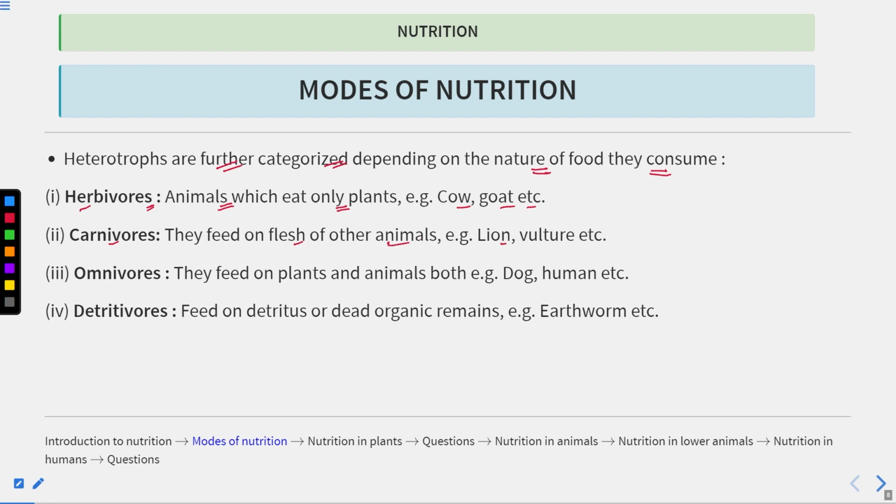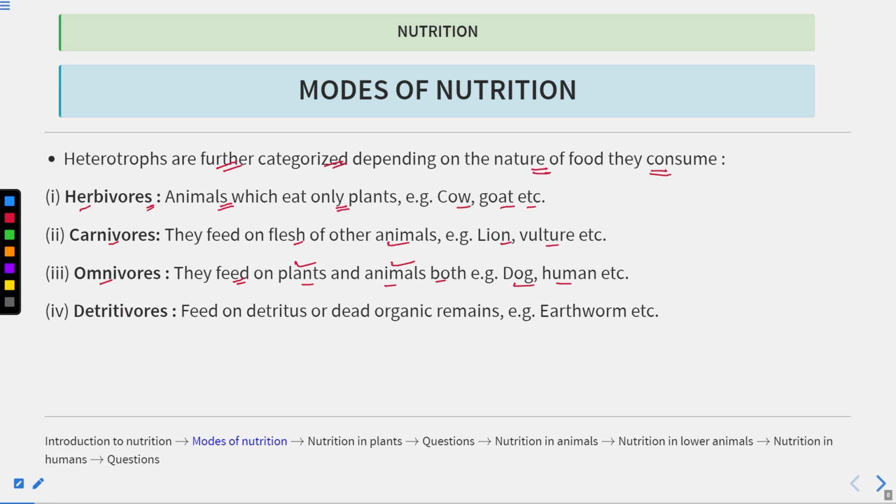Example can be lion and vulture. Then let's talk about omnivores. Omnivores are those organisms that consume both plants and animals. Example can be dog and humans. They eat plant-based products, and they eat animal-based products also, such as meat.